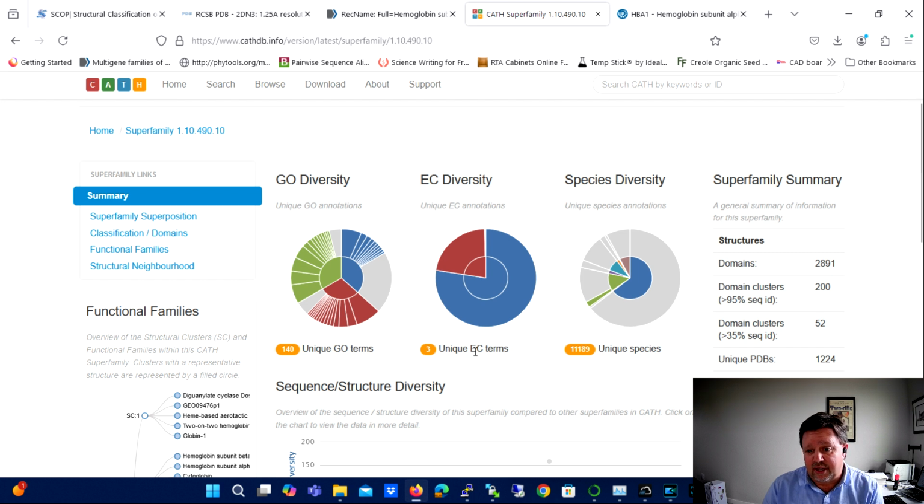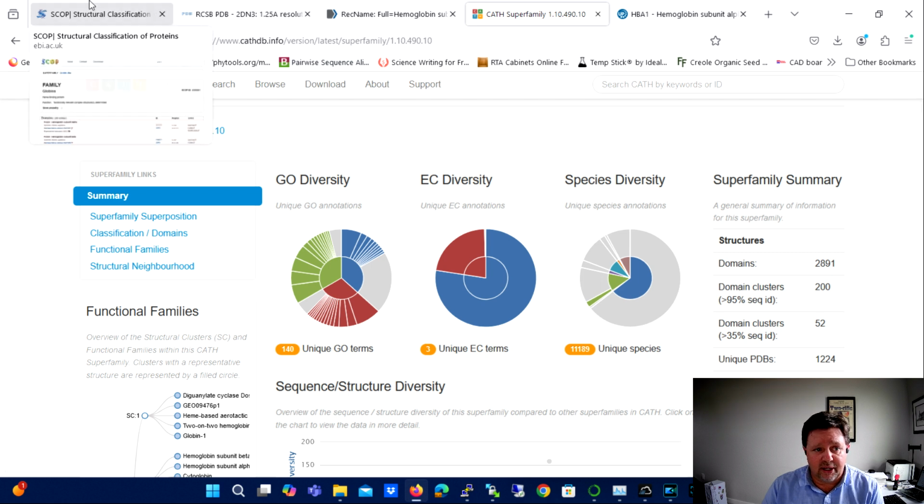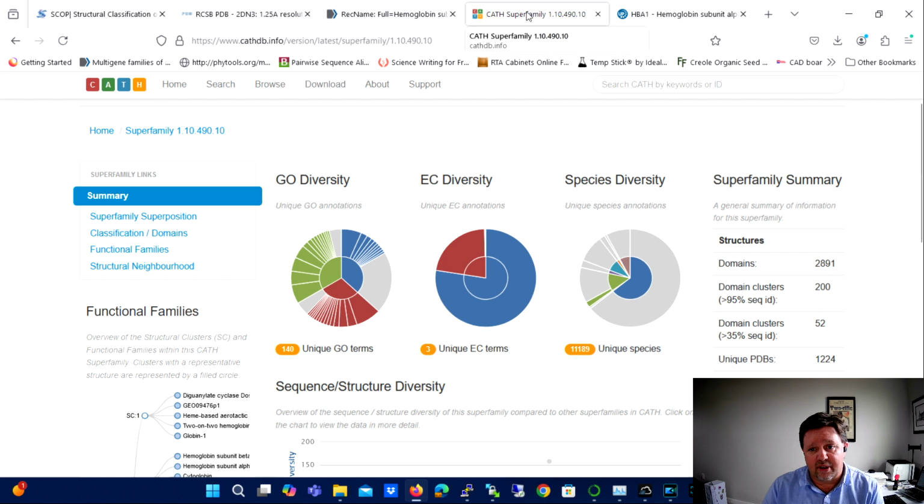It could mean that the parameters for classification in CATH vary from the parameters in SCOPe. So again, SCOPe is what I consider to be the more ironclad option, whereas CATH is a good option, but it's probably not as stringent as the SCOPe database. Now then, so those are two databases where we can look at classification.